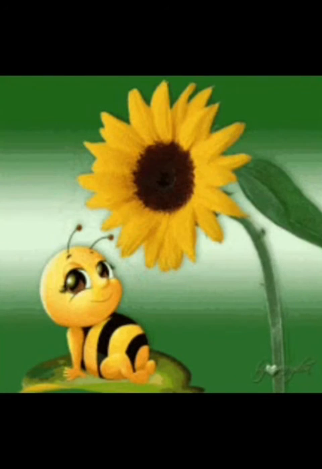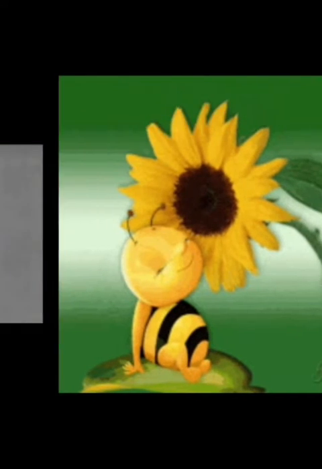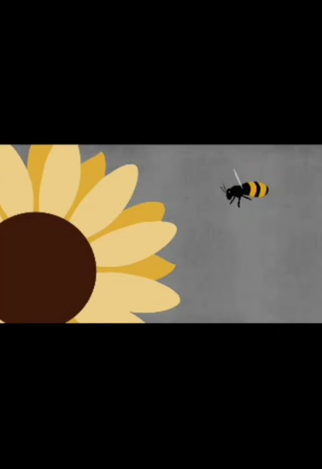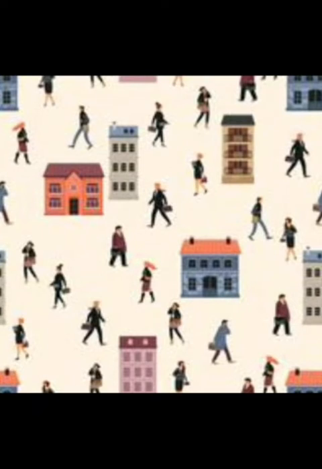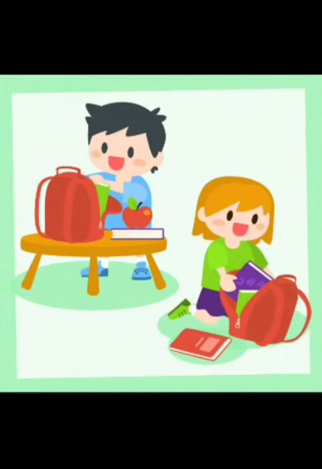Bees come to collect it. Butterflies, beetles, and other insects start hovering around the flowers. People around us set themselves to work too. We also get ready to go to school.